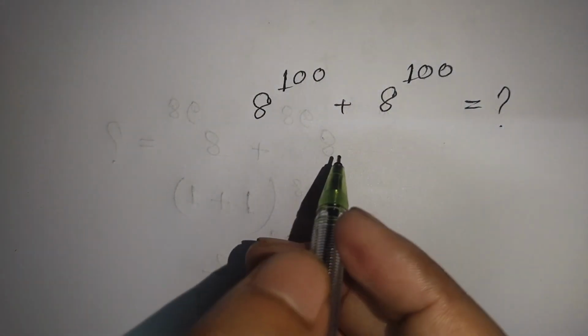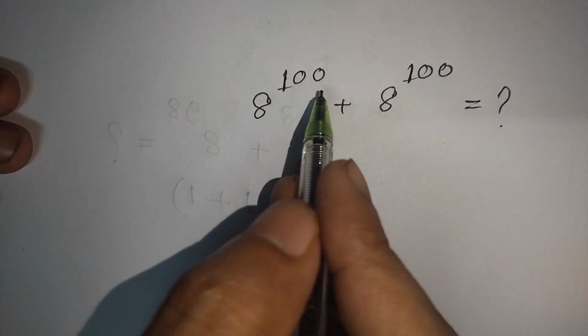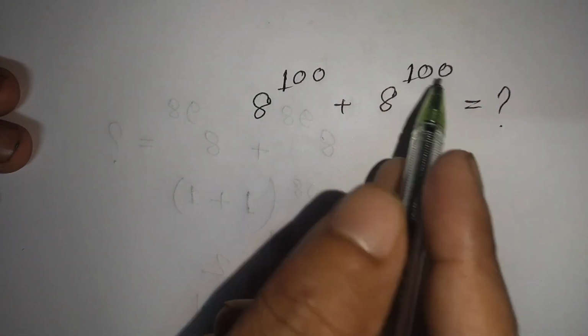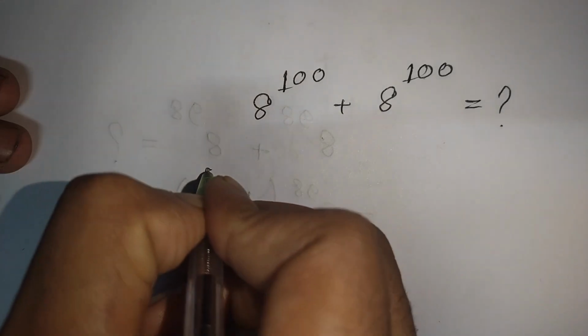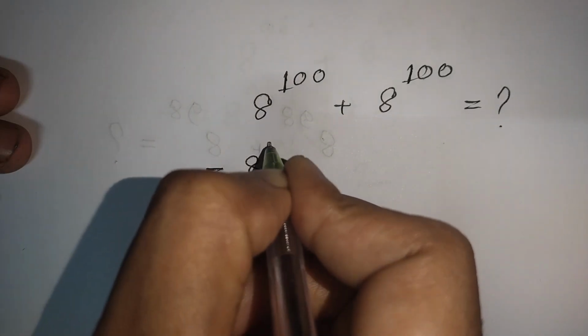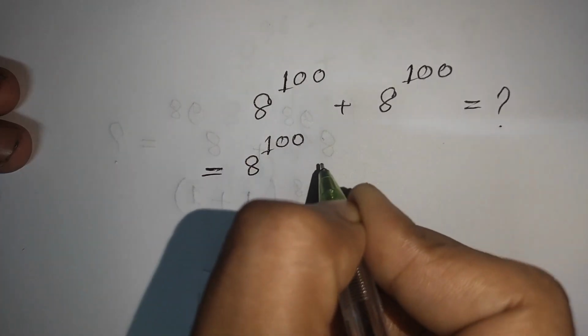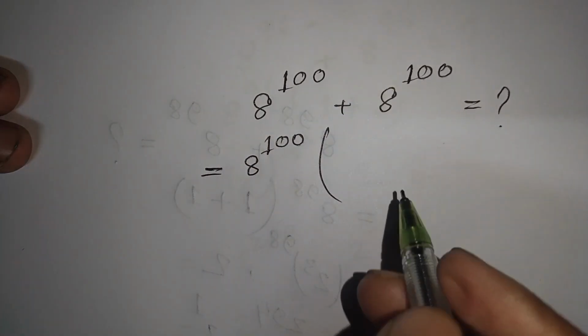How to solve 8 to the power 100 plus 8 to the power 100 is equal to what? At first we take common 8 to the power 100. First bracket starts.